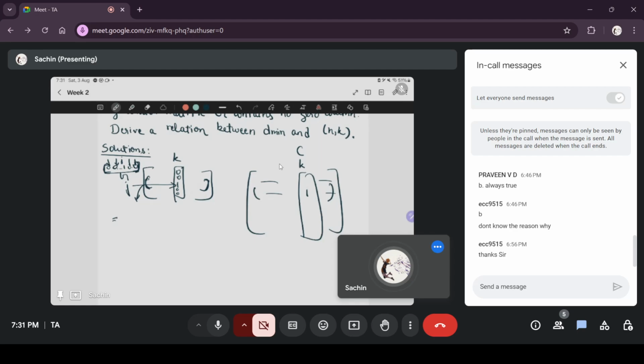So that means if there is no column of zeros in G, there will be no column of zeros in C also. Okay, that is what I wanted to say. So there is at least a single 1 in each column of the code array C. That's the first thing that you have to know.